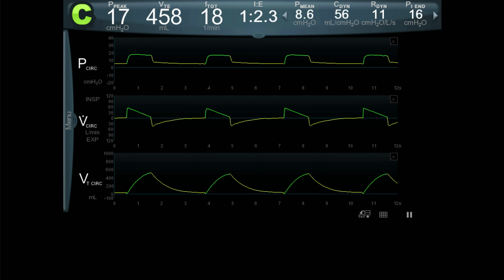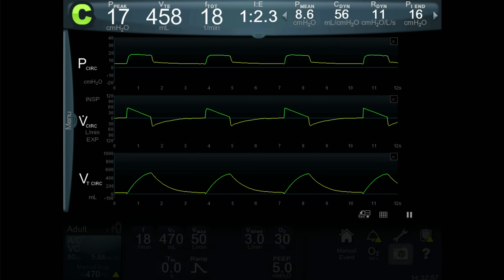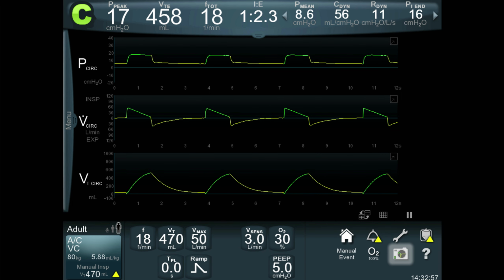Well, in this situation, you need to spend a little bit of time considering this because you might think that this is pressure control based on the flat-topped pressure waveform, the decelerating flow waveform, and how everything kind of looks the same. But in fact, this is also volume assist control with a decelerating flow pattern, and it has a peak flow of about 50 to 60 liters.